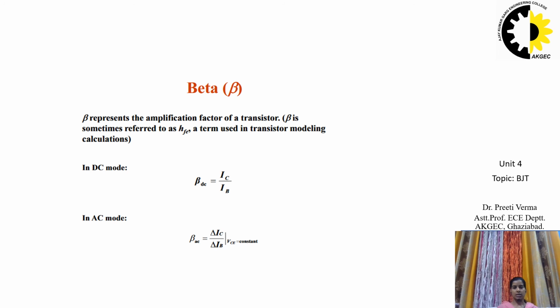So beta DC will be defined as IC upon IB, and that is determined by a particular operating point on the characteristics. In a similar way, we had alpha for the common base configuration, and for the common emitter configuration we have beta.